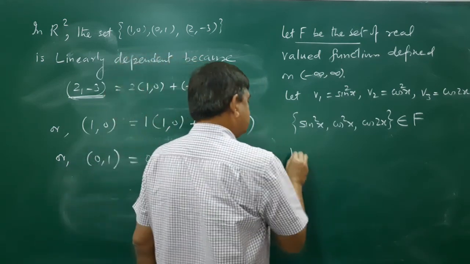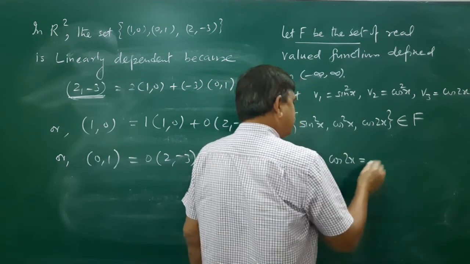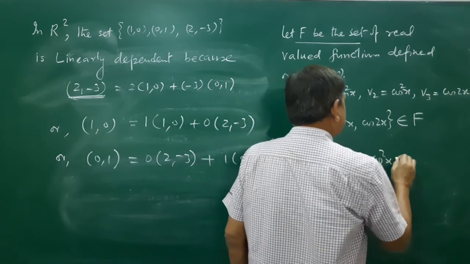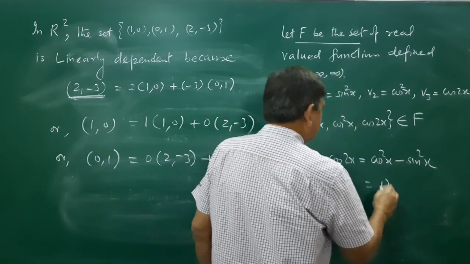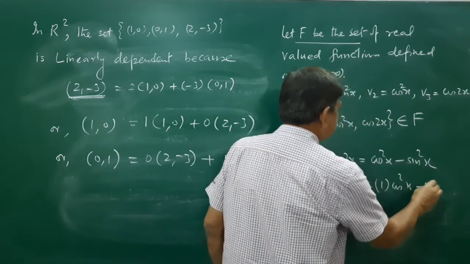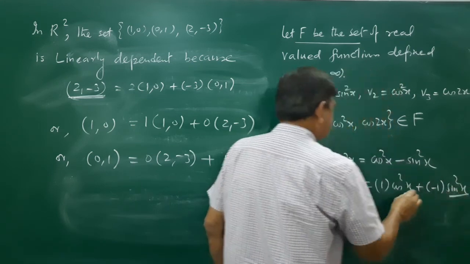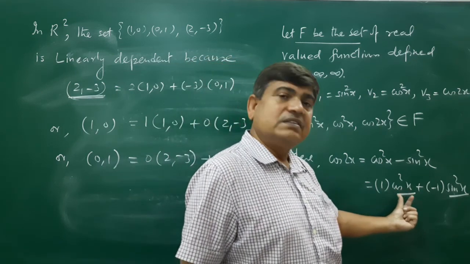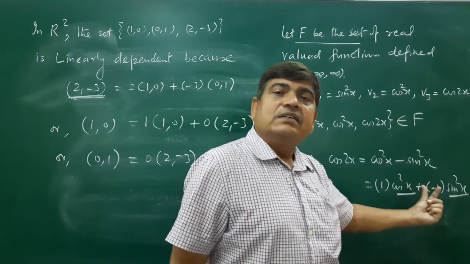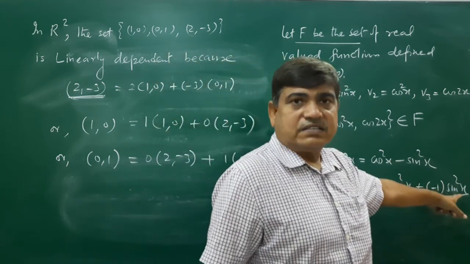but cos 2x is rewritten as cos square x minus sin square x. You people know the formula, or you can write 1 times cos square x minus 1 times sin square x. So here cos 2x is a linear combination of cos square x and sin square x.